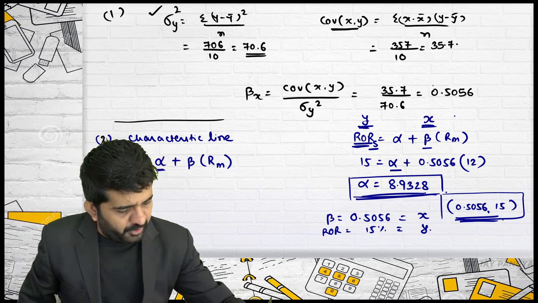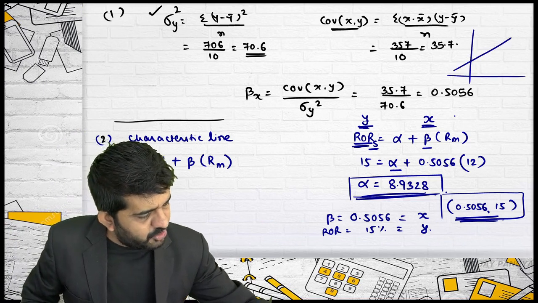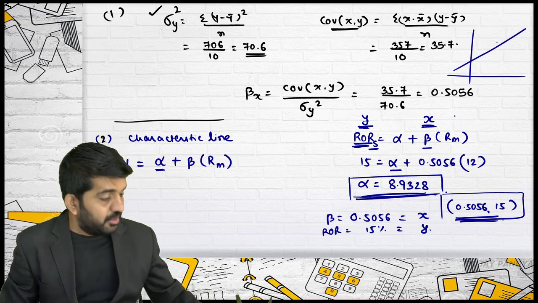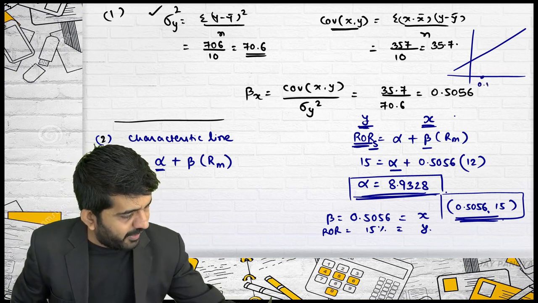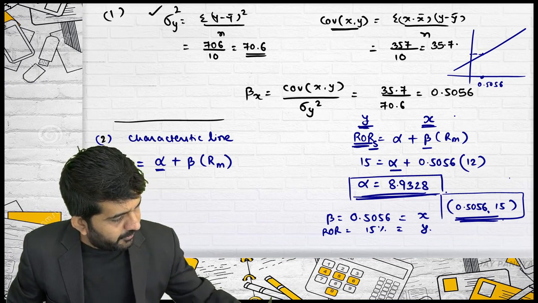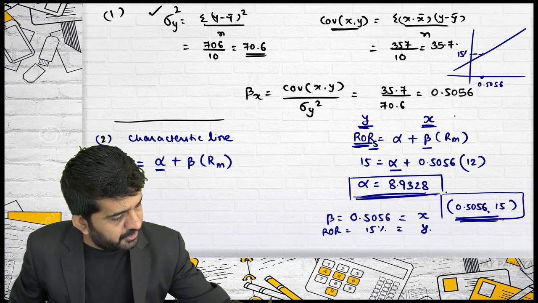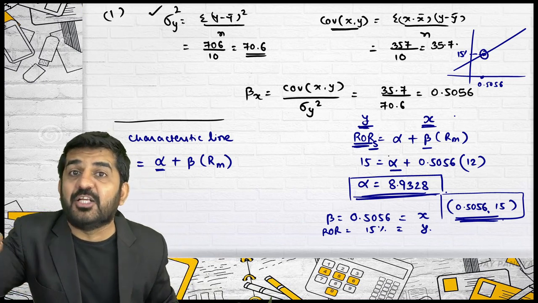So if you draw a characteristic line, let me draw a small characteristic line. So this is your characteristic line. This actual point with a beta of 0.5056 and return of 15% is actually on the characteristic line. This we are assuming.